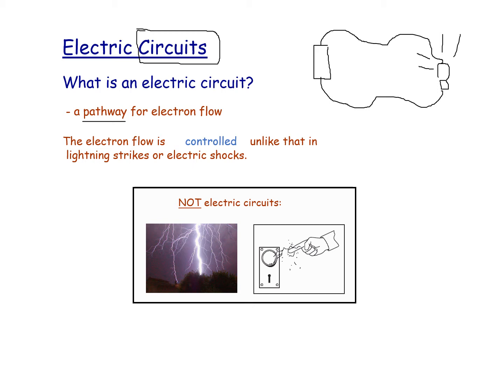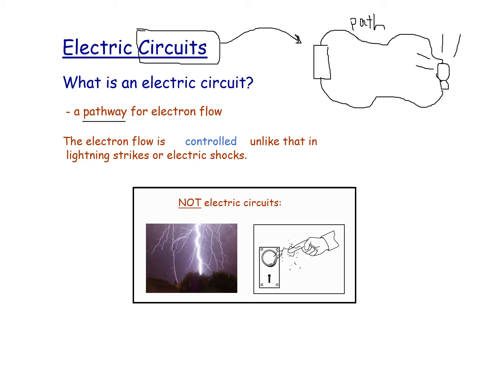It's like when you go to school, which you don't go right now, but if you did, you go to school and then you come back home. This is called a path or your road, right? So when I create a path for electrons to move, I call that a circuit. So this is a circuit.